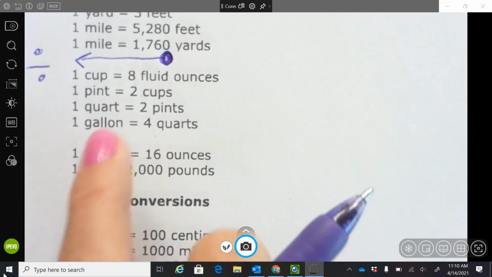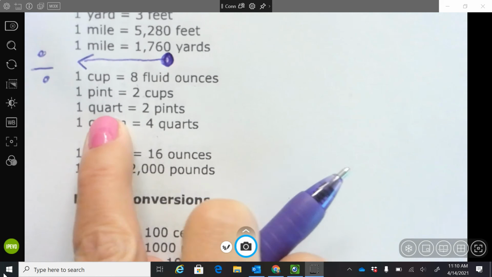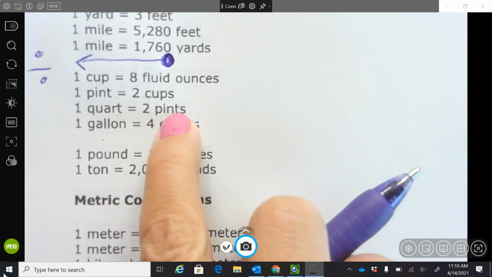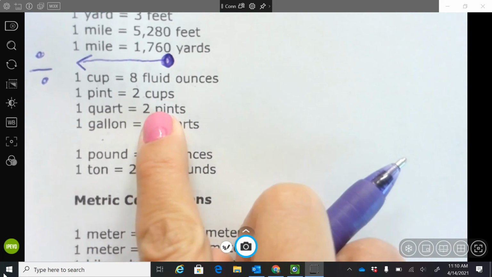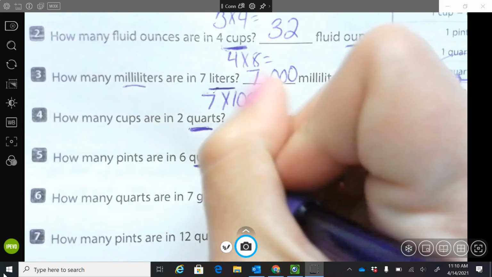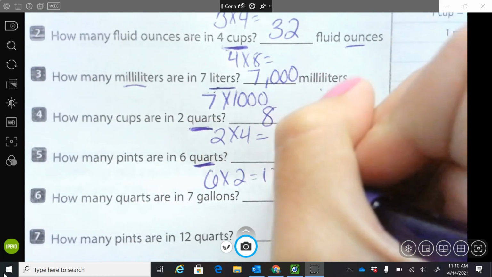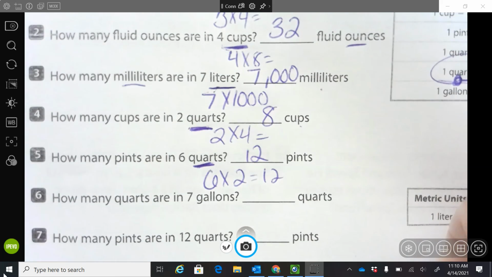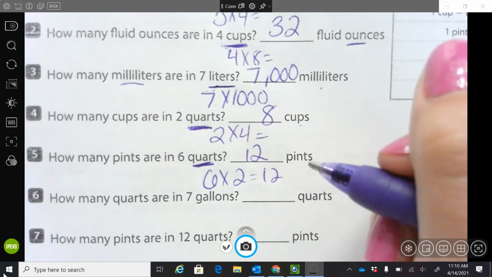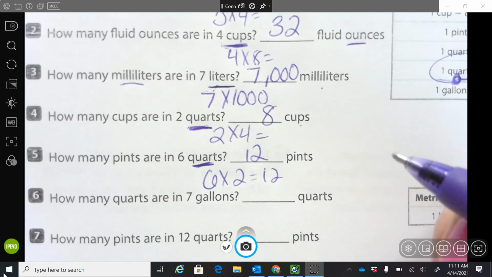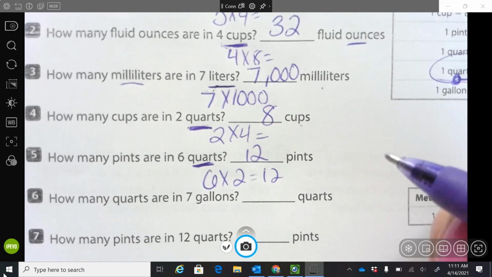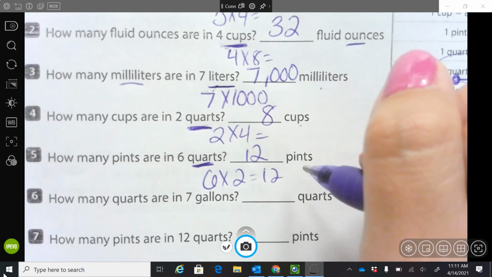We're starting at quarts and we're moving to pints. So we're going to multiply by 2. So we're going to do 6 times 2, which is 12. Okay. So do you guys get the same amount of ice cream? Yes, because 6 quarts is equal to 12 pints.